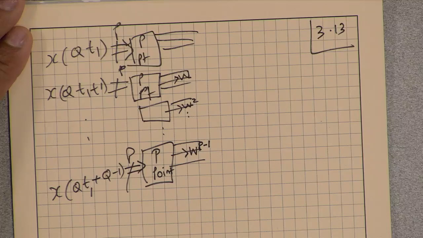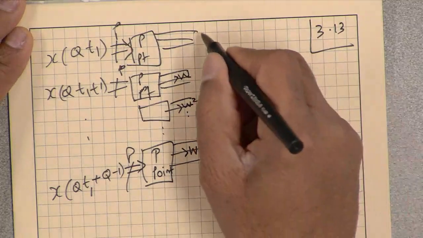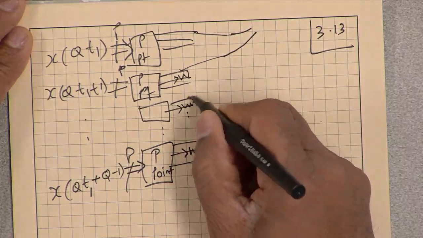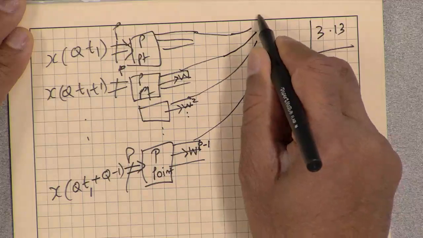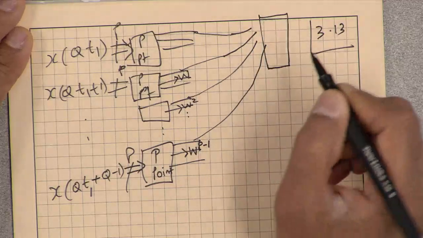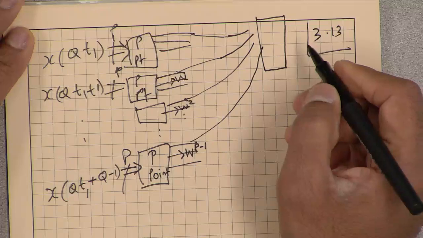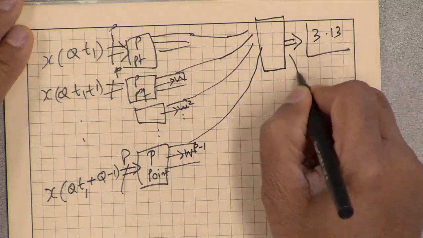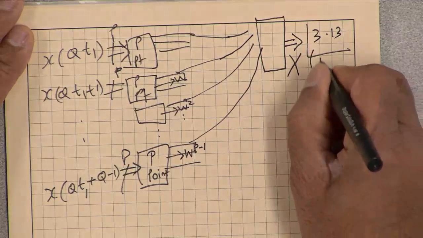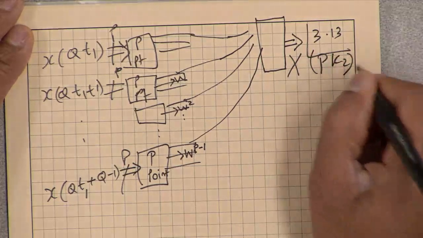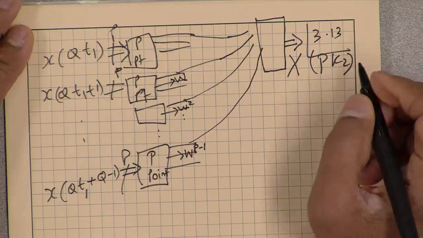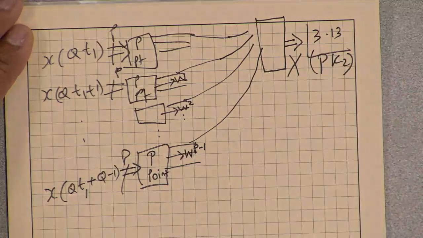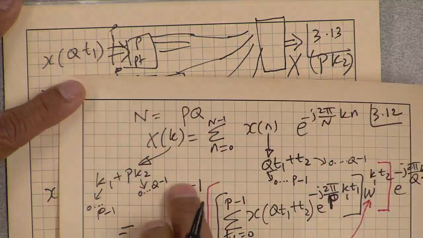Okay, so then these will connect to compute X of P times K2, where the index K2 goes from 0 to Q minus 1.